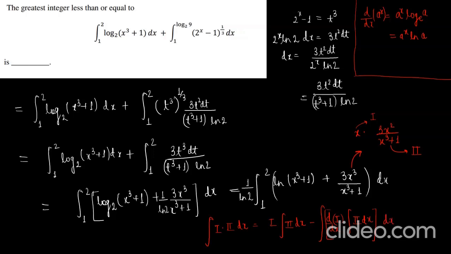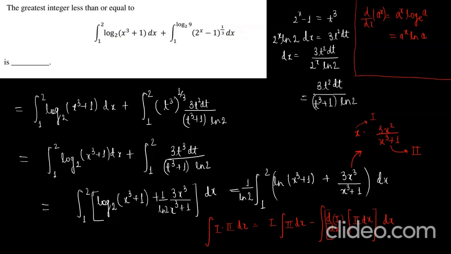Okay, so how did I think that I should choose this term and break this into x and 3x square upon x cube plus 1? See here, when I use the second term, x cube plus 1 will be supposed to be some variable, suppose v. Then after differentiating we will get 3x square. So this will come as ln of x cube plus 1 directly, and the first will remain the same itself.